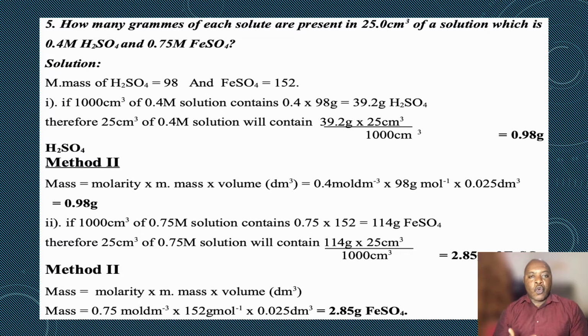So what you will do is convert the volume to dm cube, and it will still be 0.025. Now let's look for the number of moles of iron. The number of moles will be the volume in dm cube times the molarity, and the volume is 0.025.